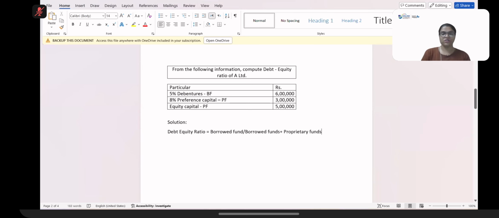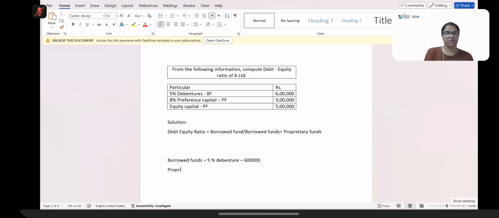So let us solve so that you can tally your answer. So first same way हम पहले borrowed funds देखते हैं, which is 5% debenture, which is nothing but 6 lakh. एक ही है.